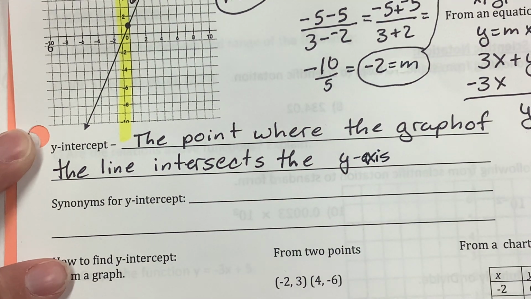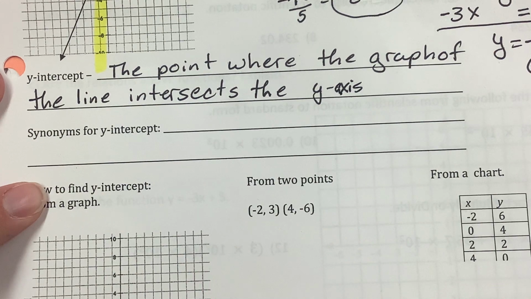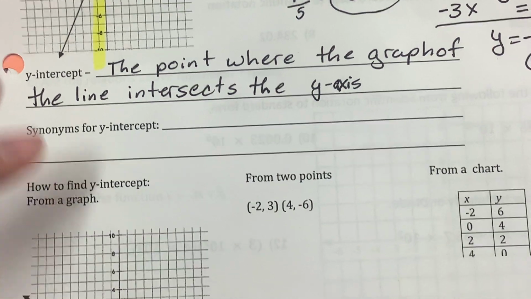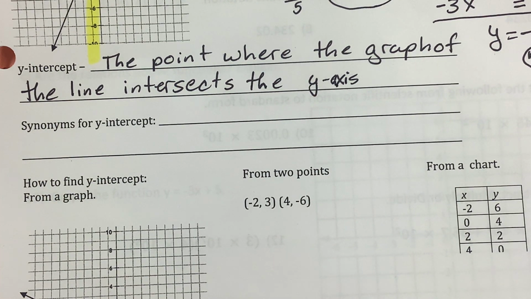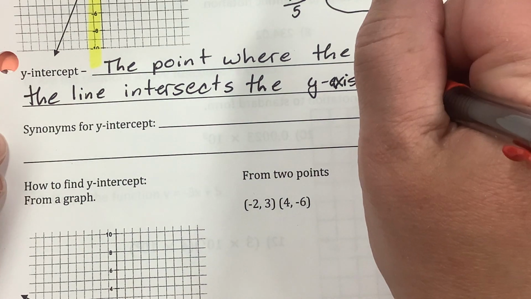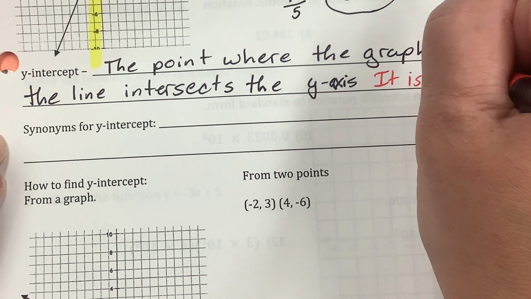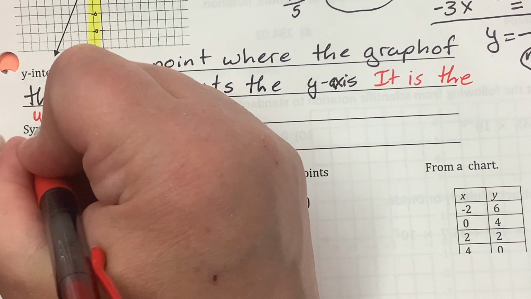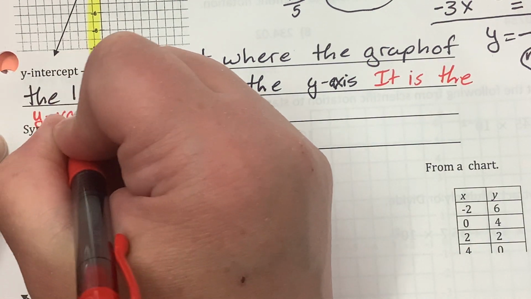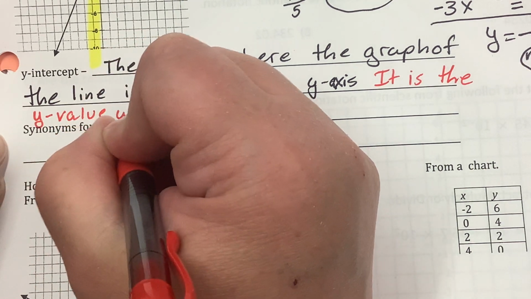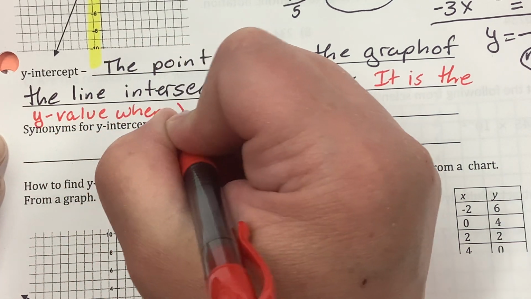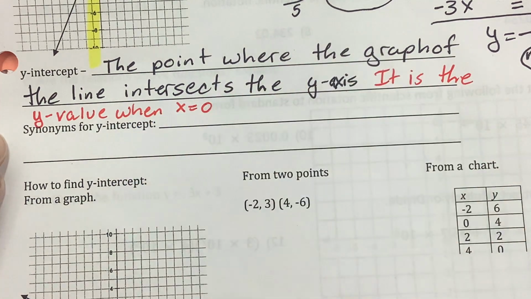In my head, I don't ever think of it that way. I think of it this way. I'm gonna write it in red because this is really my brain thinking. It is the y value when x equals 0. It's the y value when x equals 0.